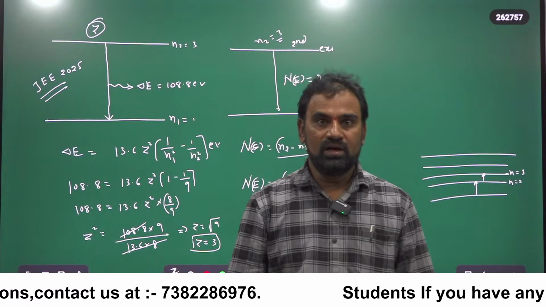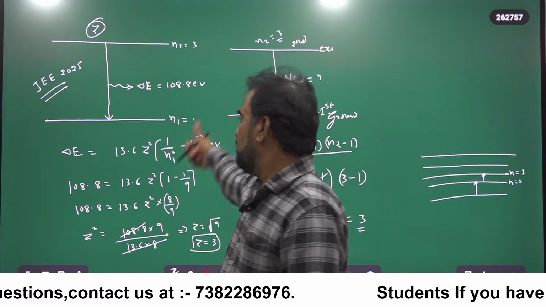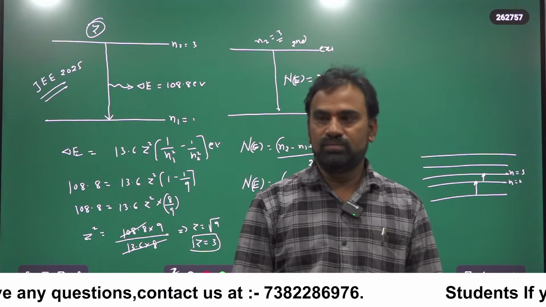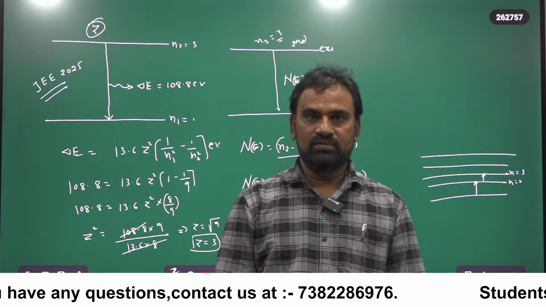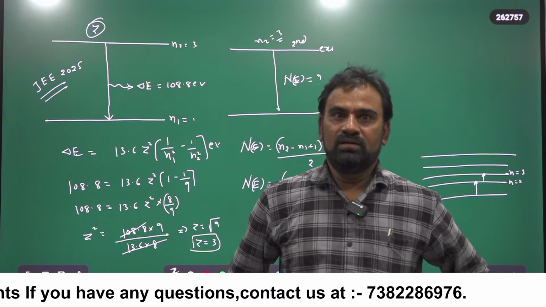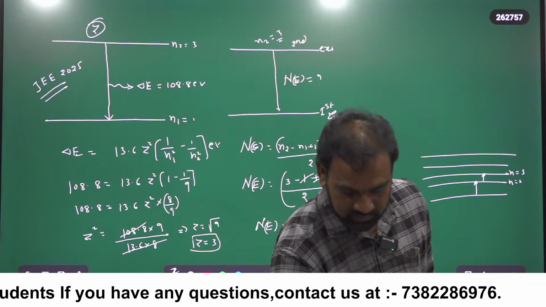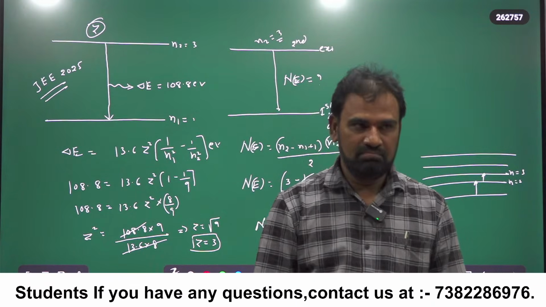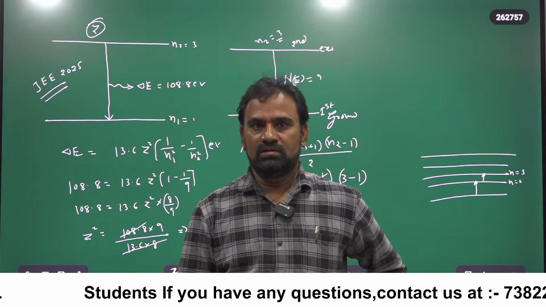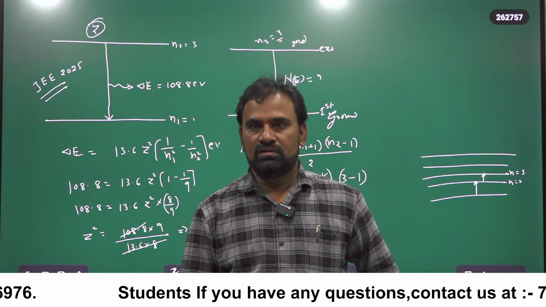Is it clear? I hope you have understood the number of spectral lines formed. Do you have any doubt? Please call the scrolling number in this concept.